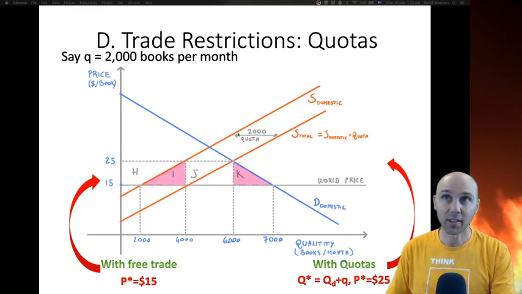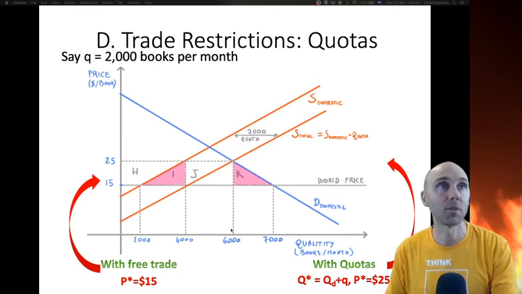So we can essentially shift the supply curve to the right by 2,000. When we do that, we get to this point here where we've got a quantity of 6,000 and a price of $25. That's made up of 4,000 that are supplied domestically and 2,000 that are imported.